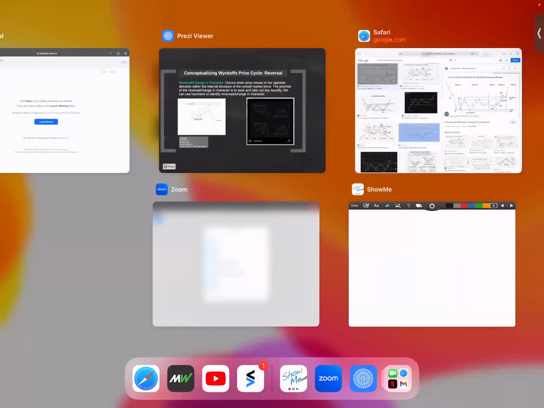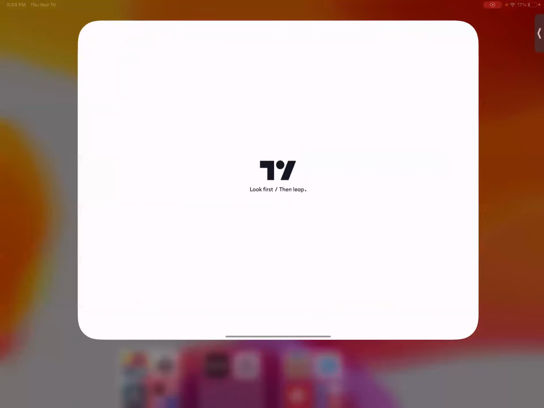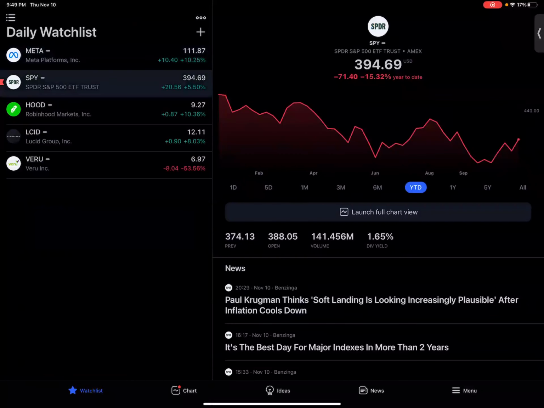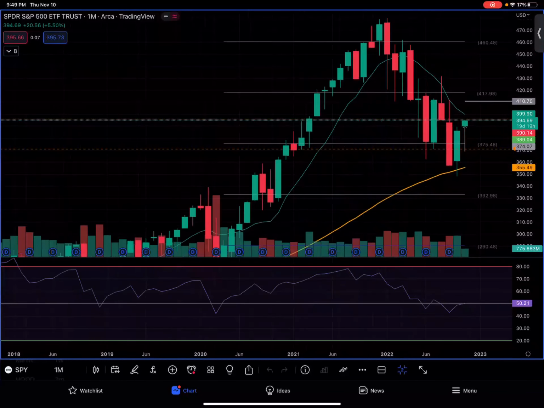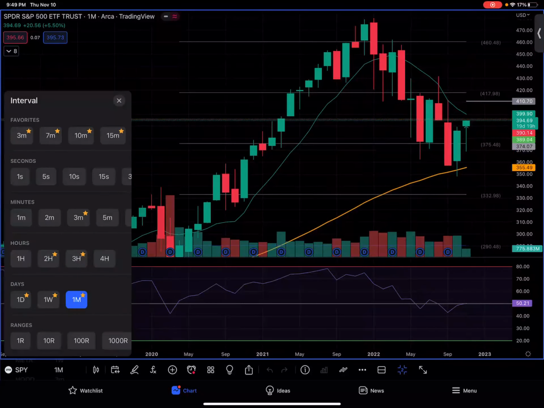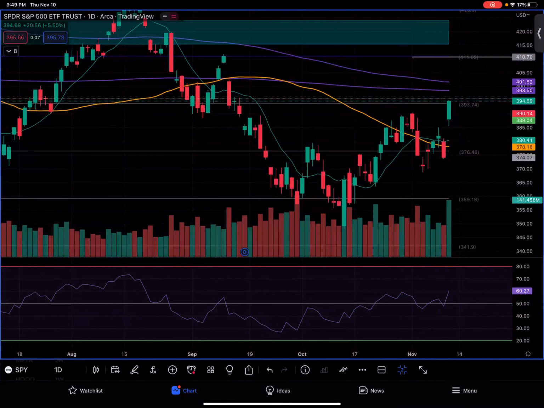All right, let's backtest a quick example so you all can see how price action reacts in real time. So what we're going to do here is go to the daily and find a spinning top.